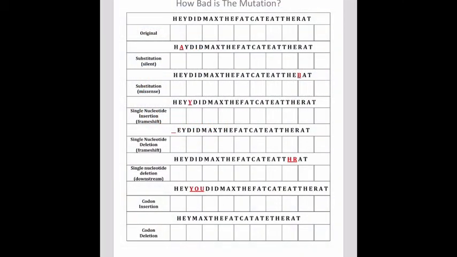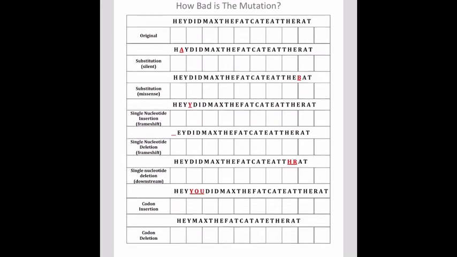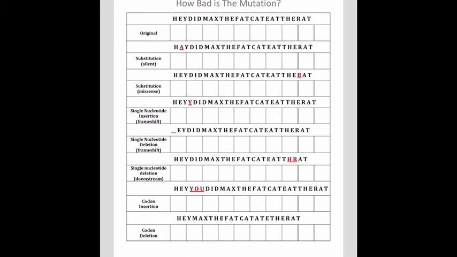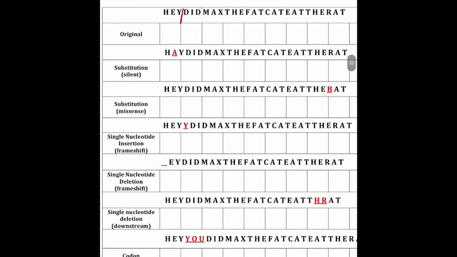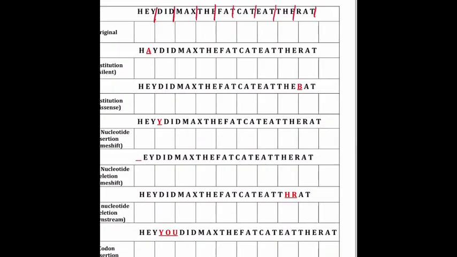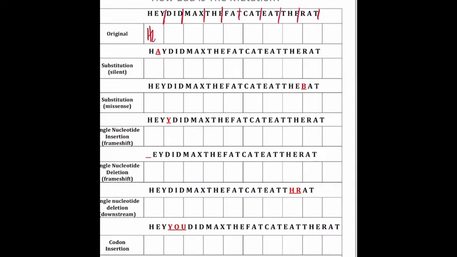So today I want you to take a look at this assignment. It should be in your binder. How bad is the mutation? Normally when we read this sentence, we would read, hey, did Max the fat cat eat the rat? And you could write those in these boxes here. Hey, did Max, and so on and so forth, okay?